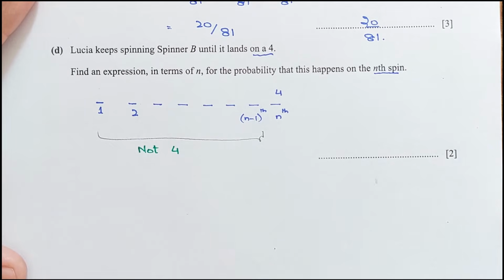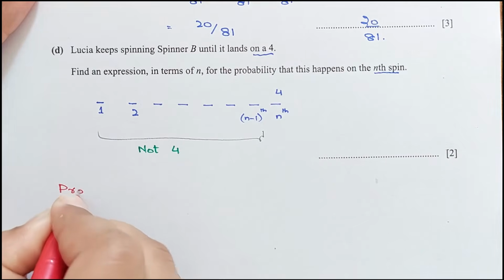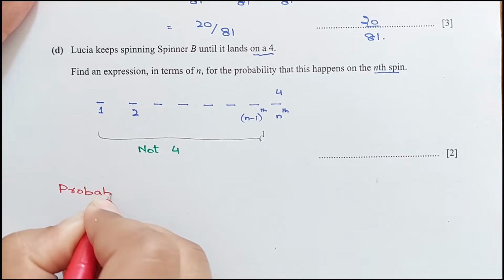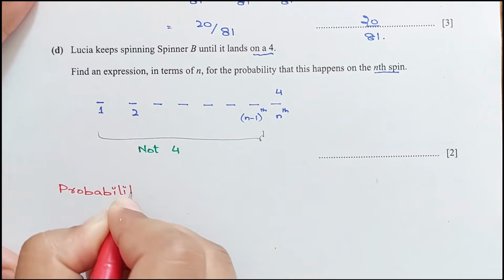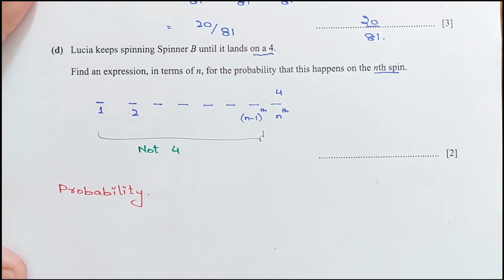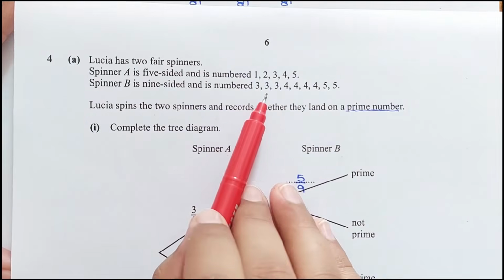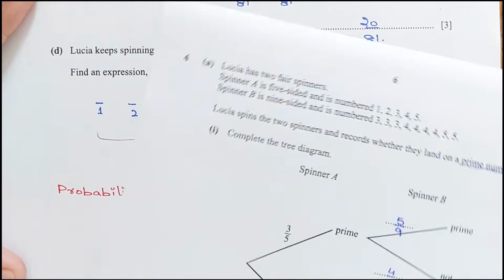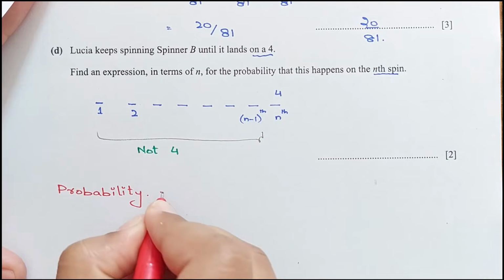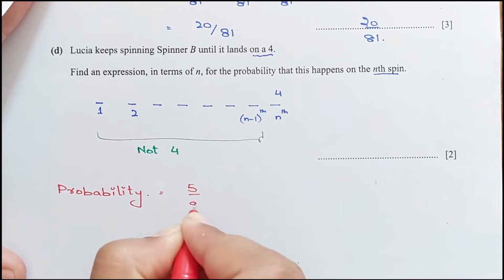Now let me find out the probability. The probability for not 4 is 1, 2, 3, 4, 5: 5 are not 4 out of 9. 5 out of 9, and how many times?